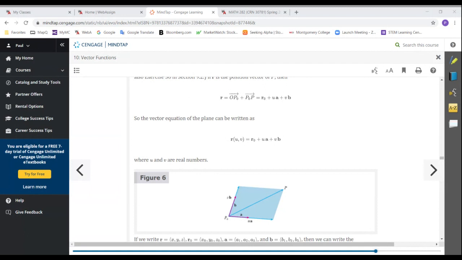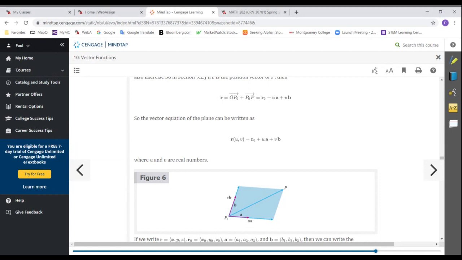If we have a point on the plane, P sub 0, and we want to locate another point P on the plane, well, if we had two vectors a and b in the plane, and we took a linear combination, u times the vector a and v times the vector b, for appropriate values of u and v, we could locate that point P in the plane.